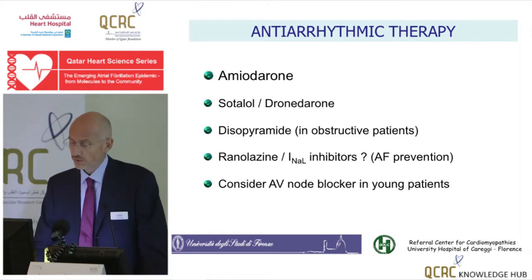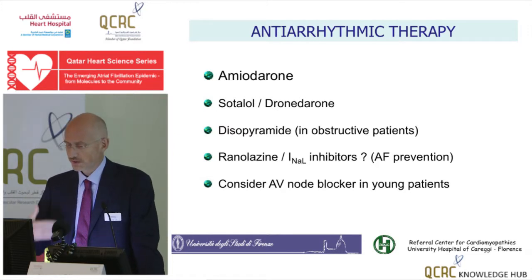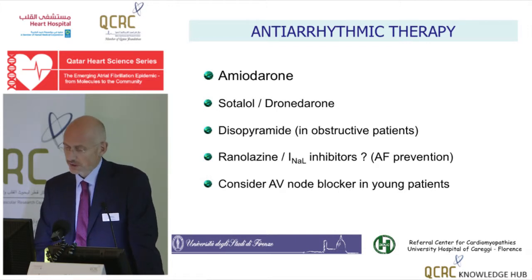Otherwise, we have to go for sotalol or dronedarone, which are usually not very effective once the disease is advanced. Amiodarone is by far the most potent, and as you know, also one of the most toxic agents that we have. We need to have better. There are interesting data coming from late sodium current inhibitors, including ranolazine, which may have some effect on atrial fibrillation, but definitely would not be as potent as amiodarone.